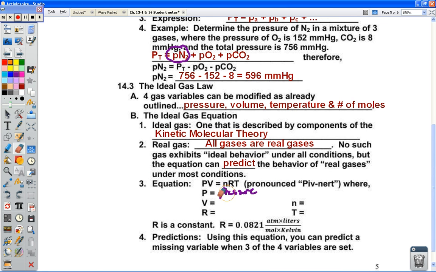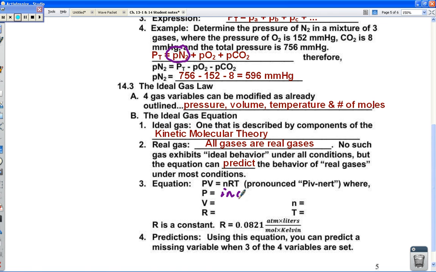Volume, in liters. R is the ideal gas constant.